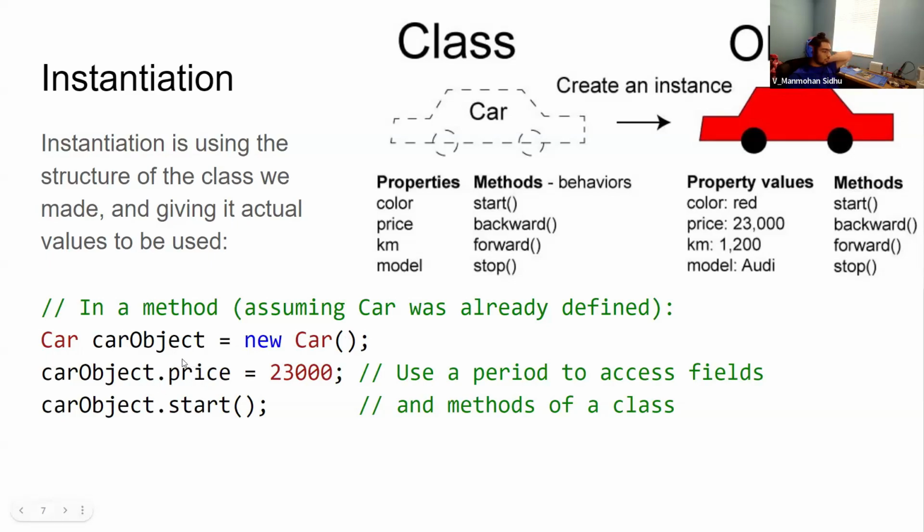But once you've instantiated your class, you can use the fields just as if they were normal variables, and the same with the methods, as if they were a regular method, like how you've been outputting to the console. In this way, you can have multiple instantiations of a class.